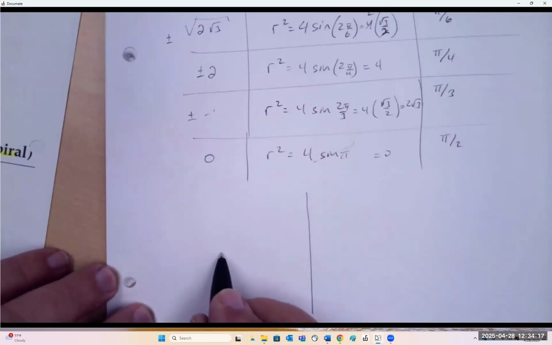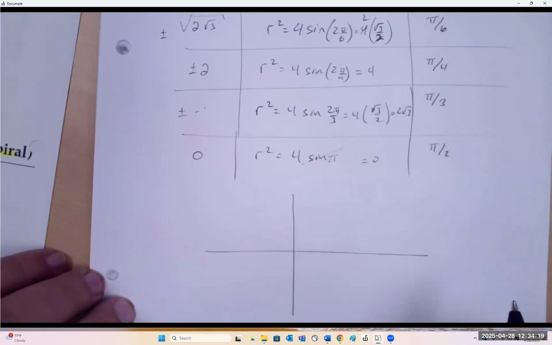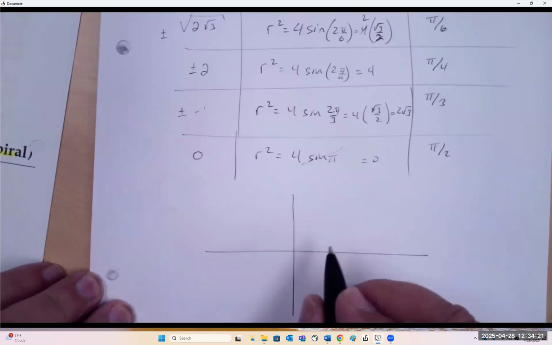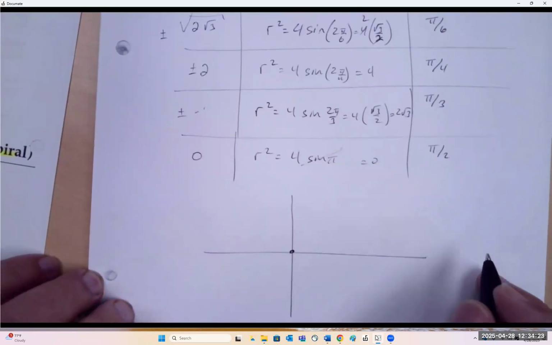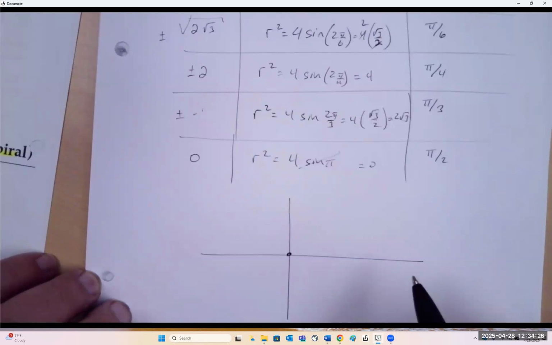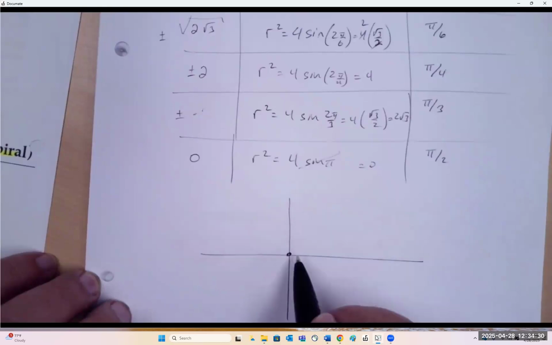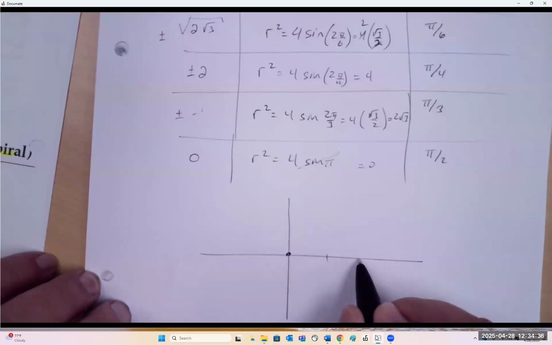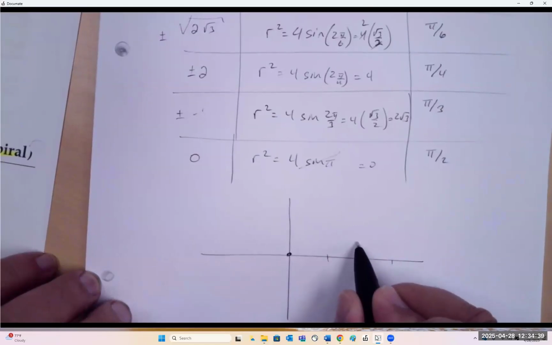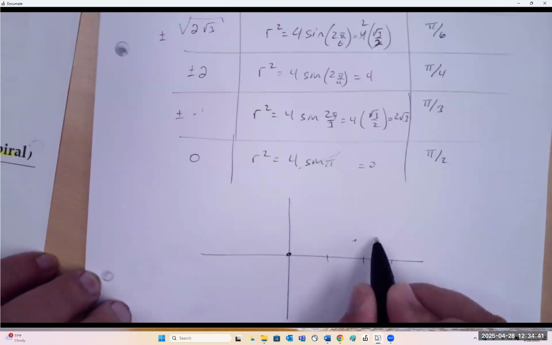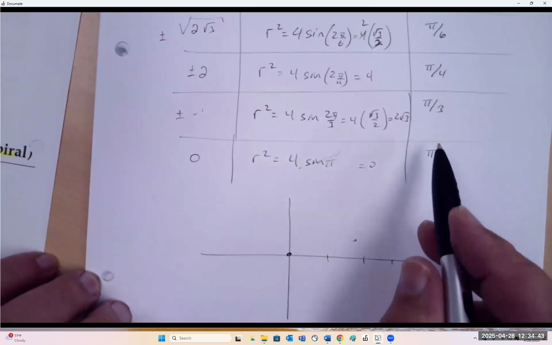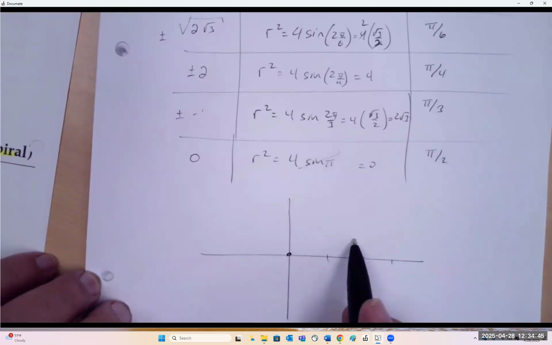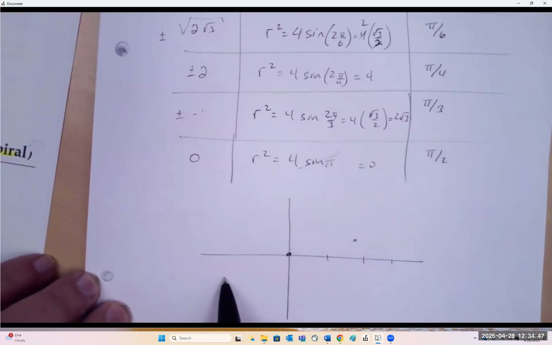And the graph here. At 0, 0. Pi over 6 is going to be approximately 2. It's plus or minus, so it's going to be over here also.